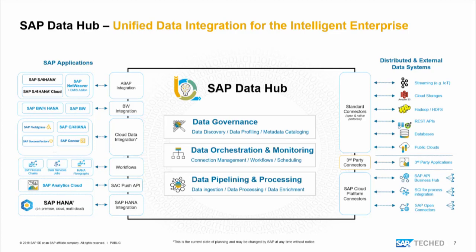Data Hub is a complete containerized solution. That means we are using Kubernetes as an infrastructure to deploy the solution. So everything you will see in there is basically built as a Docker container, deployed via Kubernetes.